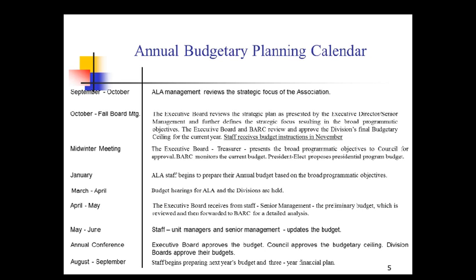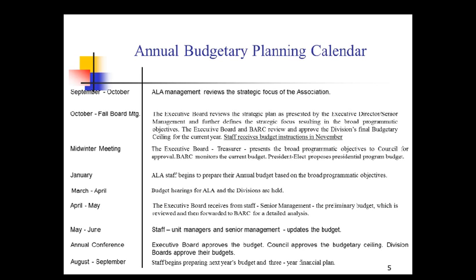It should also be noted that during the midwinter meeting, the president-elect proposes a presidential program budget. In January, ALA staff also start their process of preparing their annual budget, also based on broad programmatic objectives.